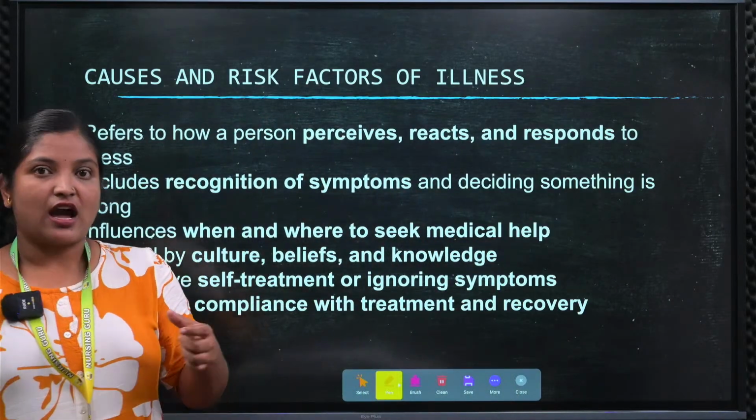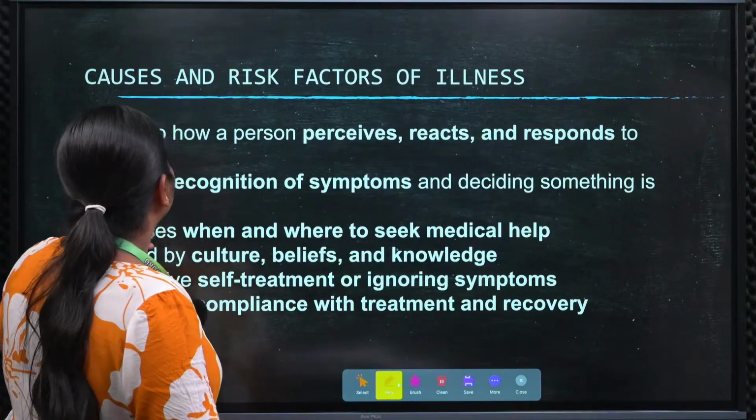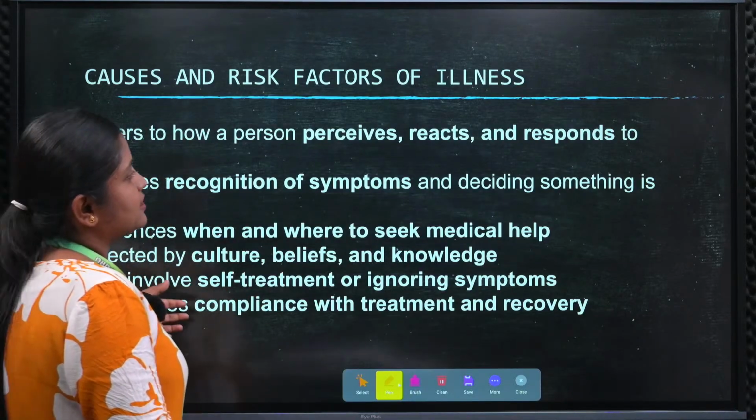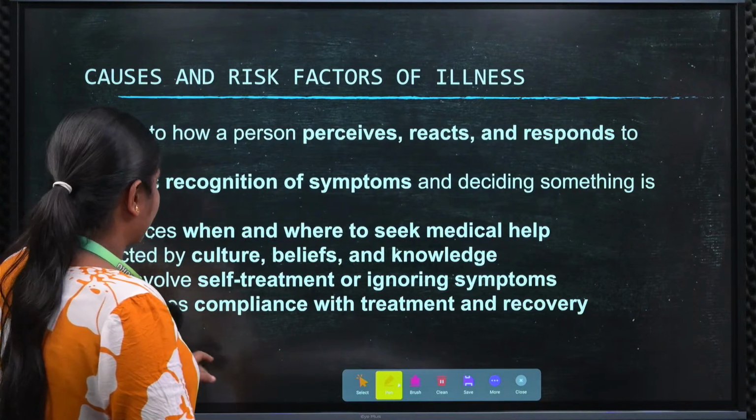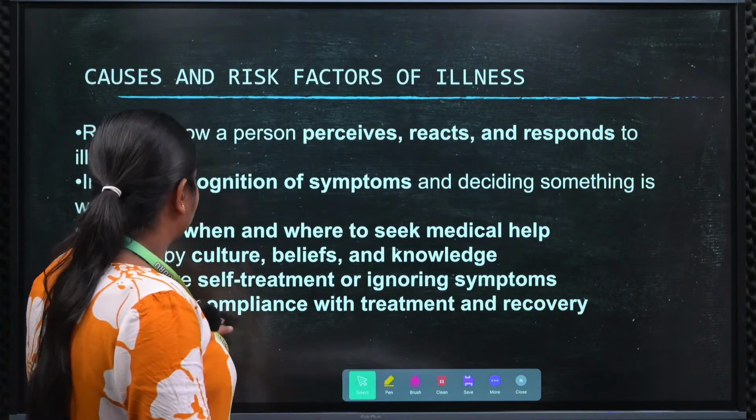So the last section of this one refers to how a person perceives, reacts and responds to the illness. Okay, so here you can see, one second. It includes recognition of the symptoms and deciding something is wrong.